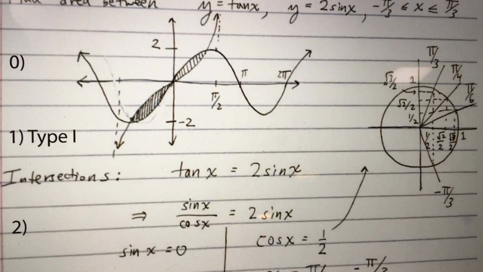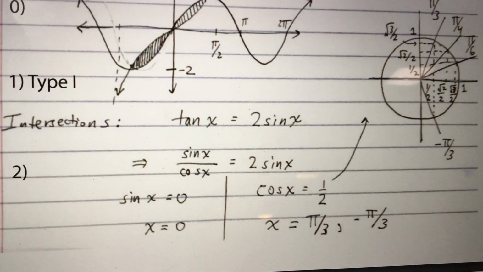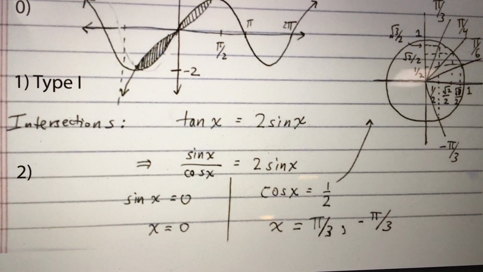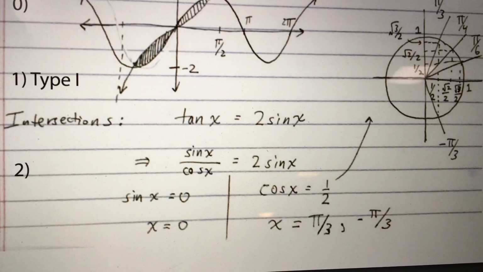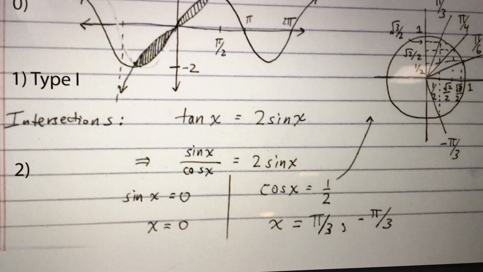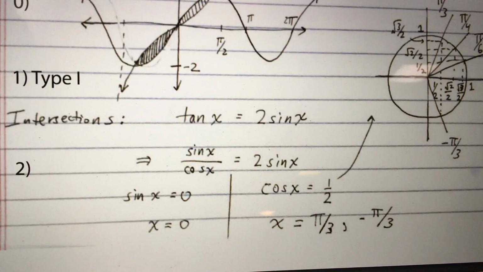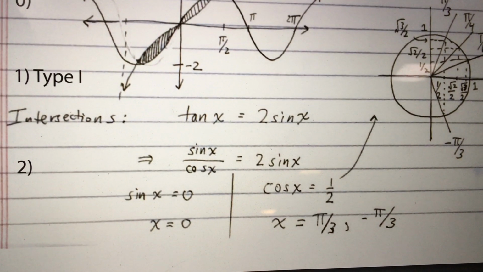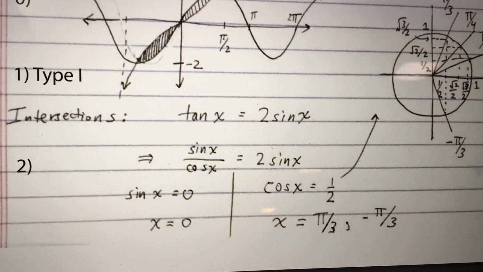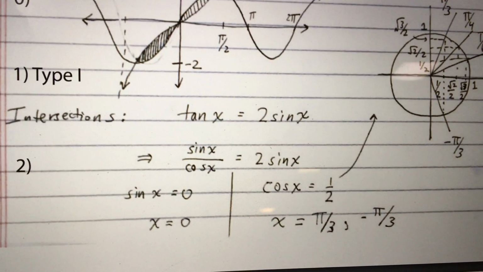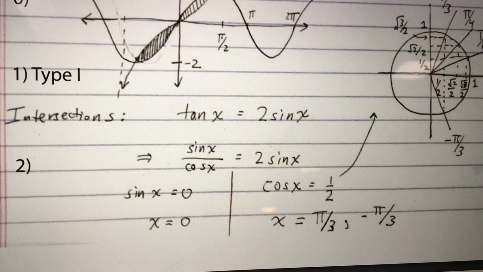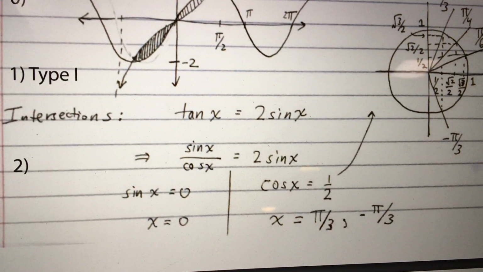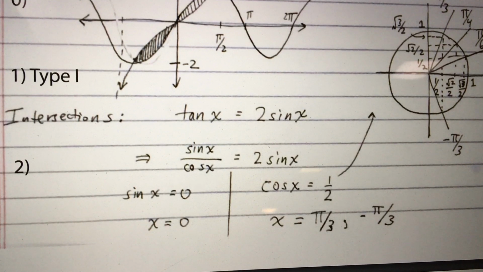So to solve, put everything in terms of sines and cosines so that tangent is sine over cosine. Then multiply both sides by the cosine, and you see that you'll have two possible solutions. One is that the sine x is equal to 0, and that gives you the solution that x is equal to 0.